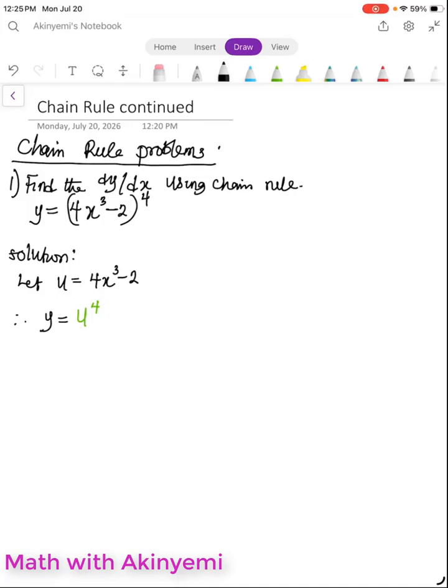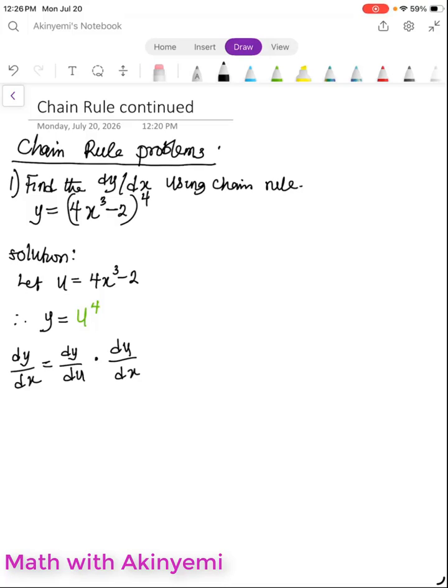Then we can solve it by saying dy over dx will be equal to dy over du multiplied by du over dx.